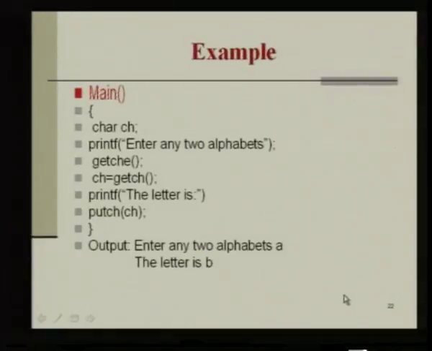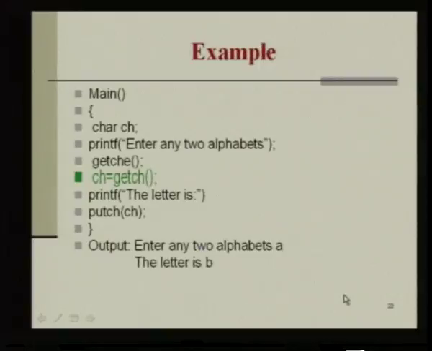So, this is an example for alphanumeric characters. You have the starting, the brace, and the declaration char ch. Now you are printing a line on the screen, enter any two alphabets, and you are using getche to accept one alphanumeric character. So, this will be accepted as well as displayed on the screen.